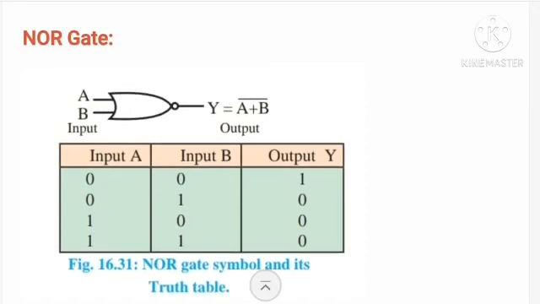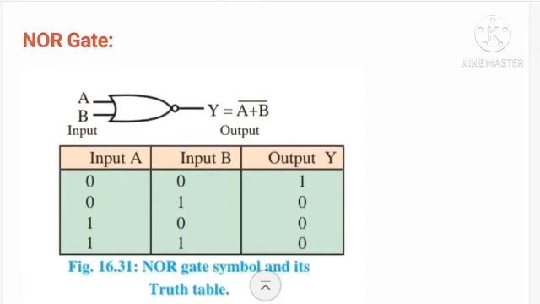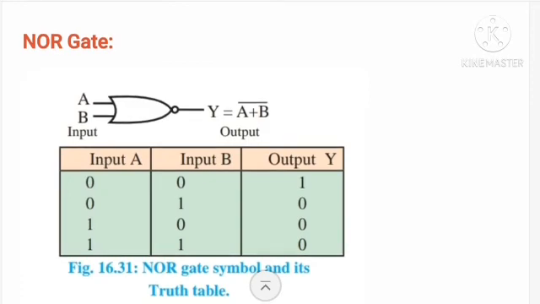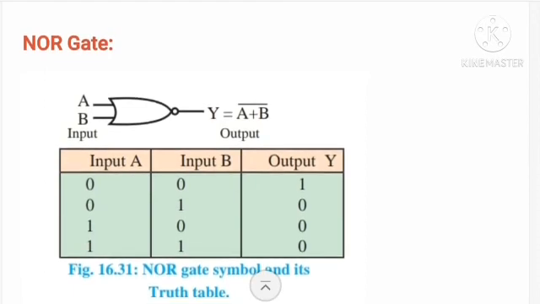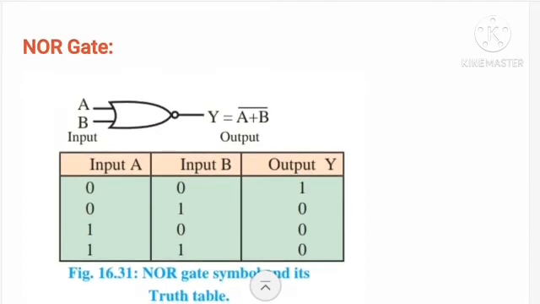Okay, when both inputs are low, then only we will get output high, and on every other combination of inputs we get output as low or 0. So this is the gate called the NOR gate.